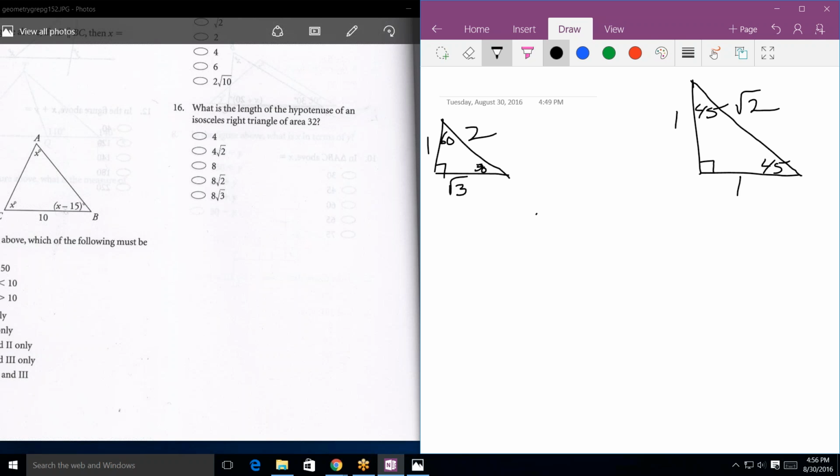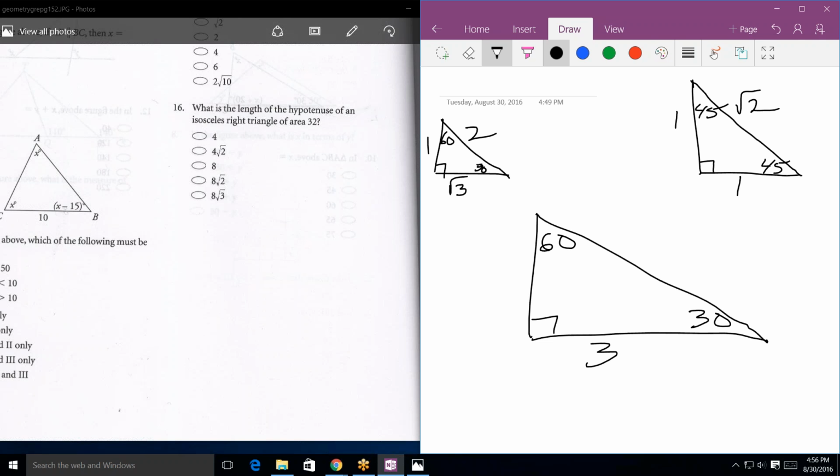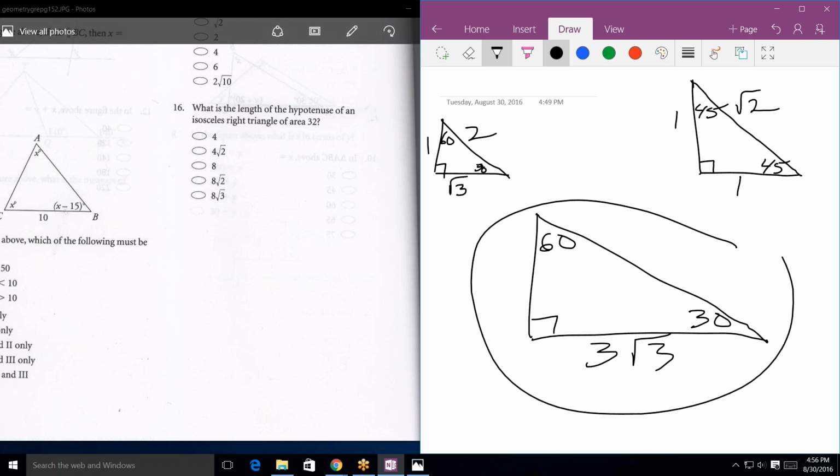Plus, sometimes they won't always give you everything. Maybe they'll give you a 30-60, and they'll tell you this side here is 3 root 3. What are the other two sides? Notice that if you didn't know these unit triangles, you'd have no way to solve that.